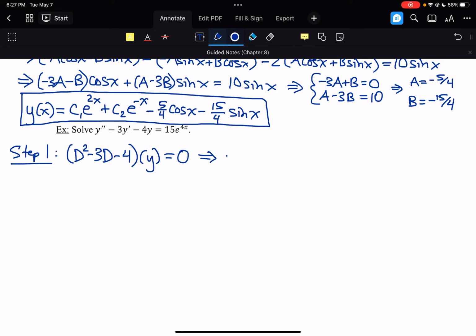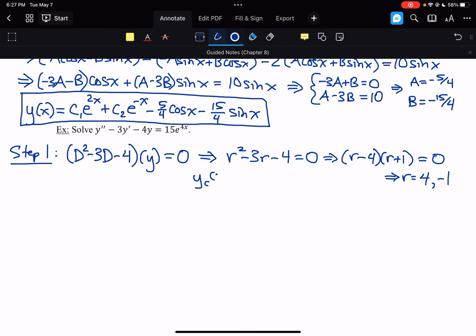Set that up as the auxiliary equation, that's r squared minus 3r minus 4 equals 0, which factors r minus 4 and r plus 1. So we get r is 4 and negative 1. So our complementary will be c1 e to the 4x plus c2 e to the negative x.